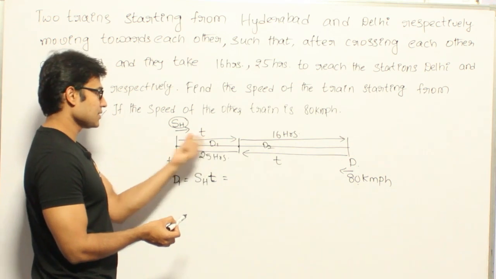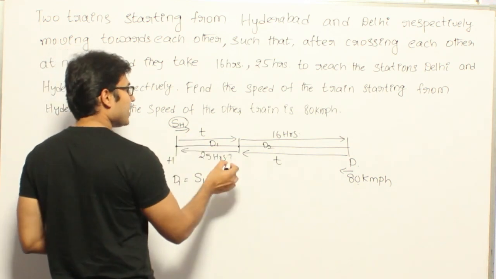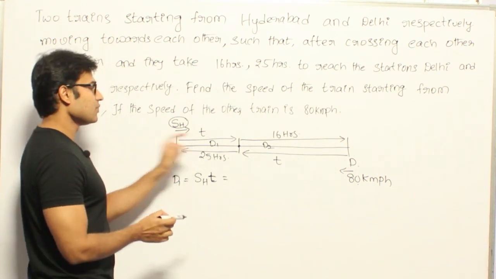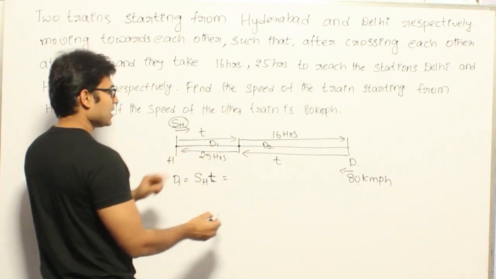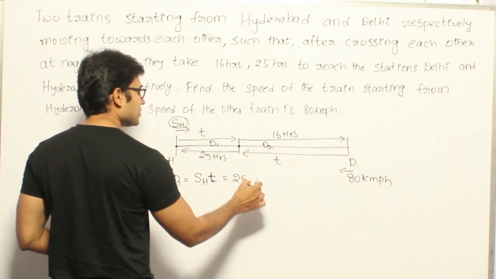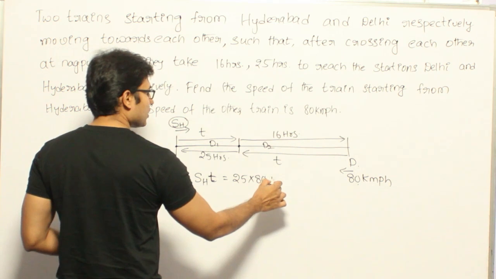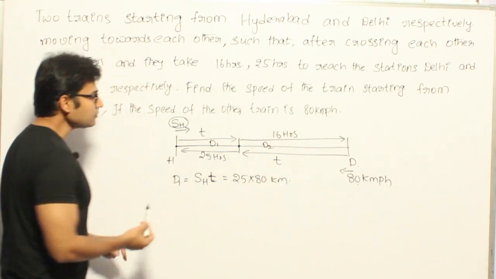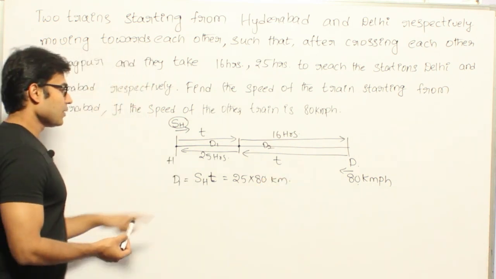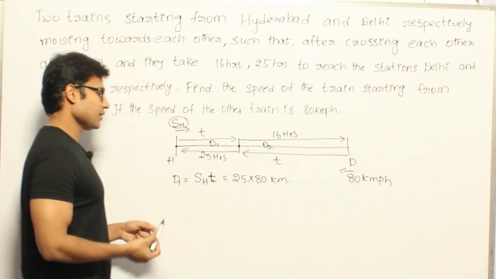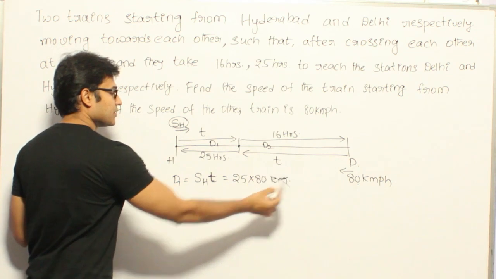Therefore the distance is SH into t. Similarly, the other train is starting from here and reaching here, so the distance covered is the same d1. That can be expressed as 25 hours into 80 km per hour. Got it? Okay, now this one will be in kilometers and this one will be in kilometers, and you can cancel them out anyway, so you need not write kilometers there.